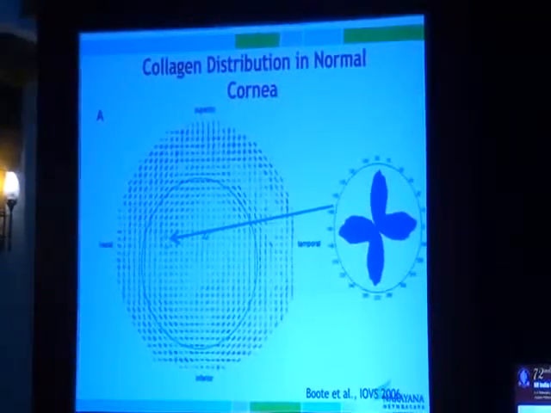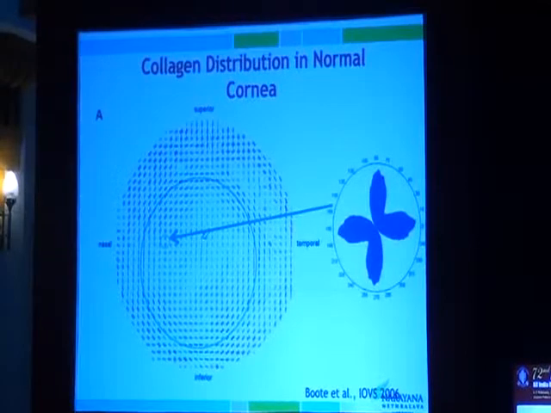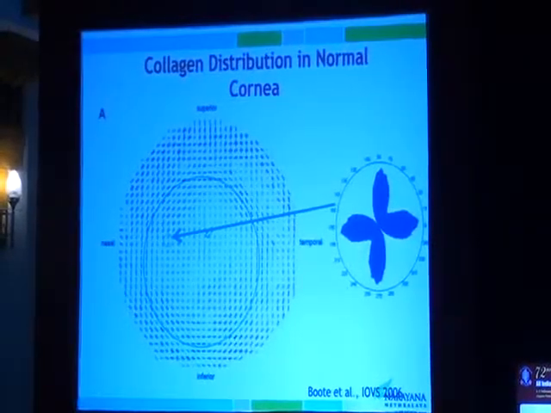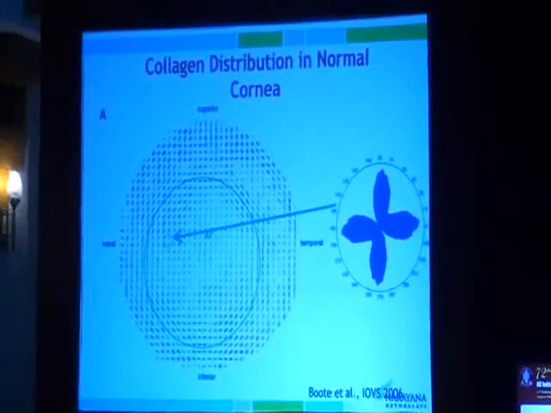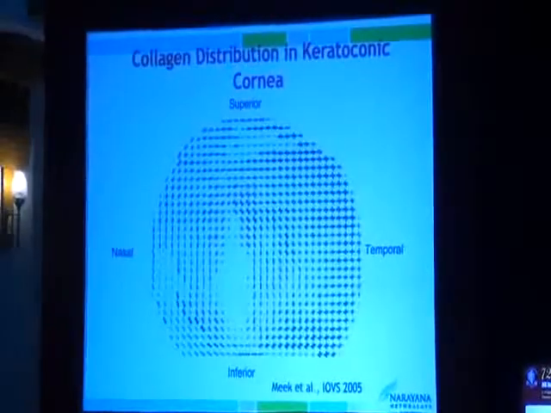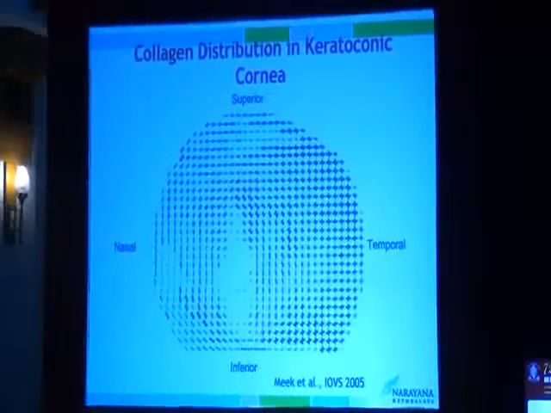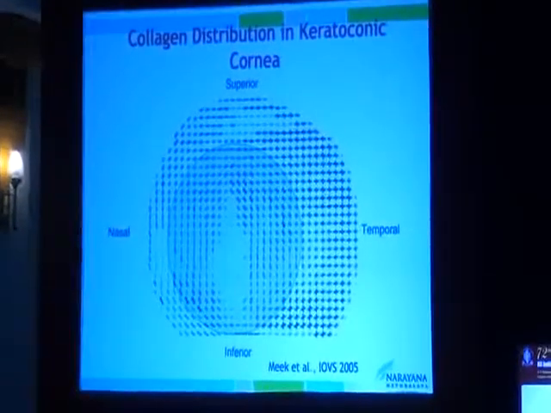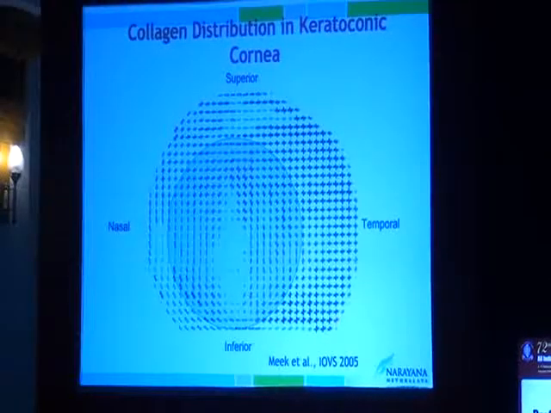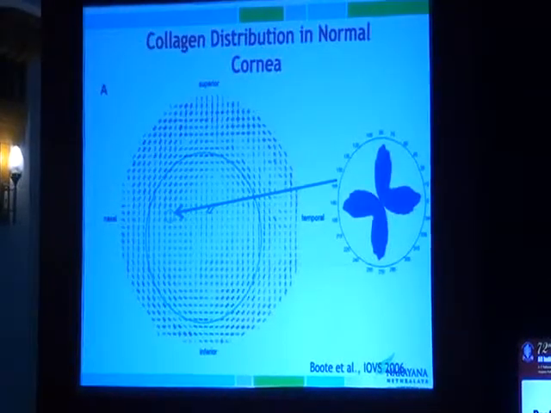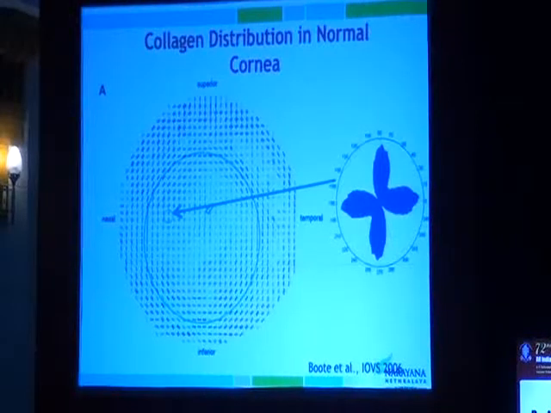Now, if you translate this into the ultrastructure of the cornea, this image on the left is a 2D constructed image of the cornea.